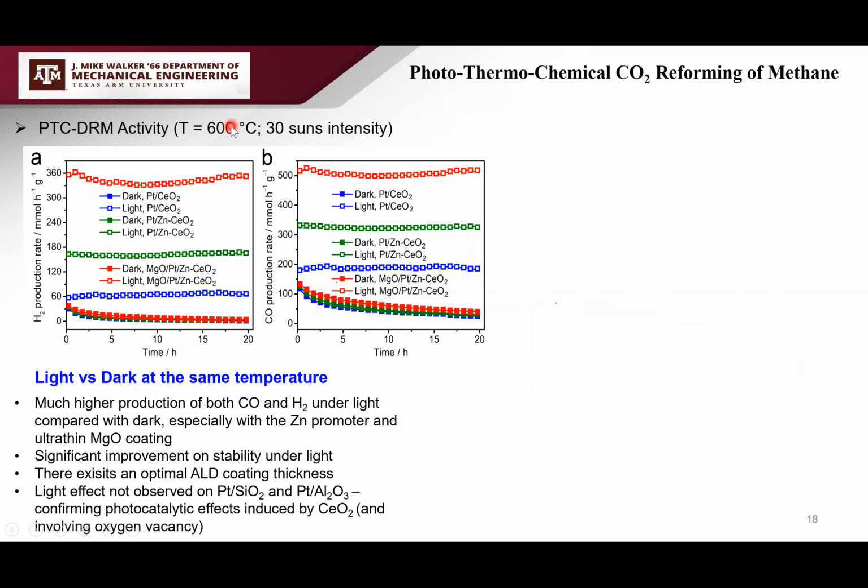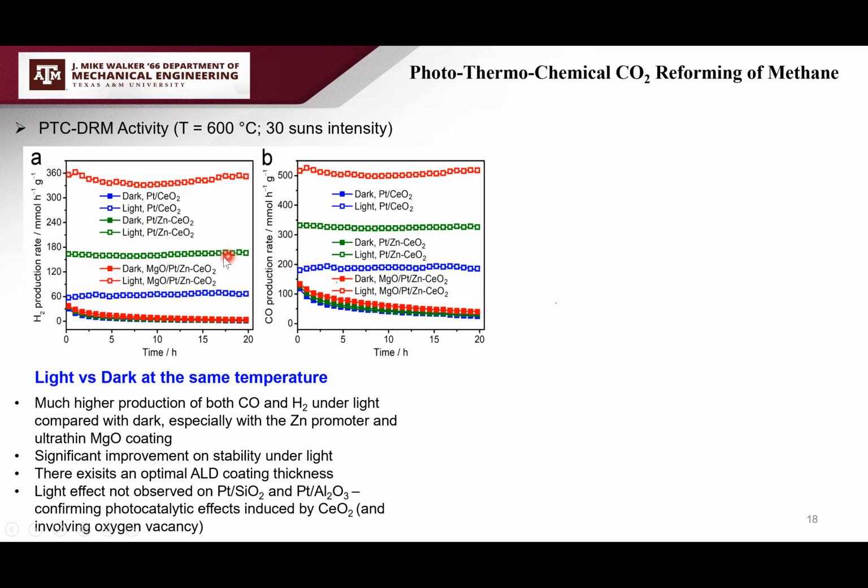They both operate at 600 C, the same temperature, because we tune that with the thermocouple, so the temperature is controlled. And you can see the dramatic difference here. In the dark, activity is very low, and then it deactivates regardless of the materials. But with light illumination, you can see it's quite stable.